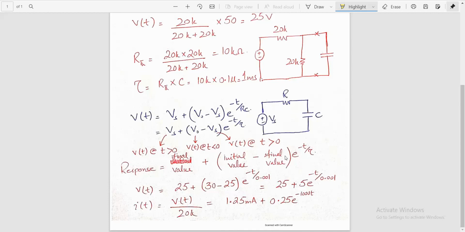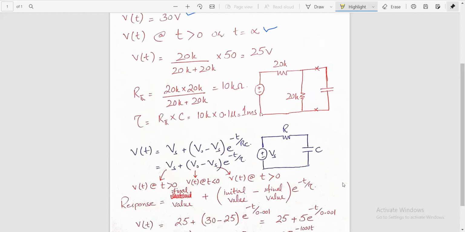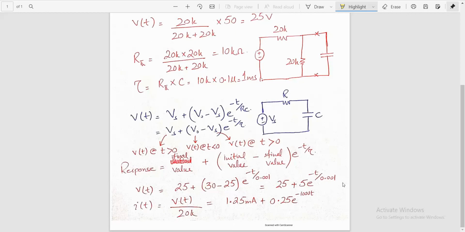So V of t is equal to the final value. What is the final value? The final value is 25 volts, the value of V of t at t greater than 0 or t equal to infinity, or time greater than 4 tau or 5 tau. V of t is equal to 25 plus, what is the initial value? The initial value is the value at t equal to 0 or t less than 0, which is 30 volts, and again minus the final value, 25.